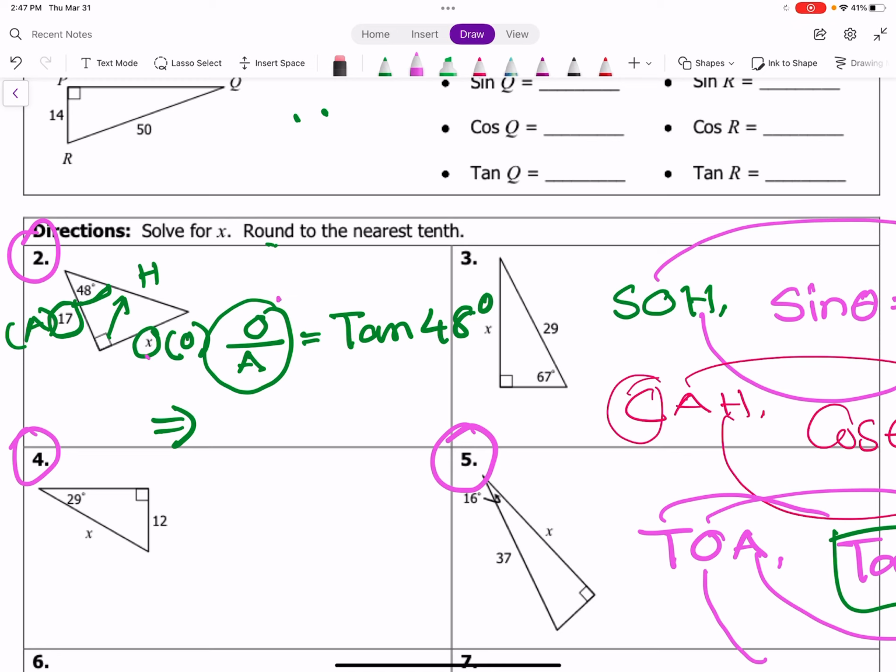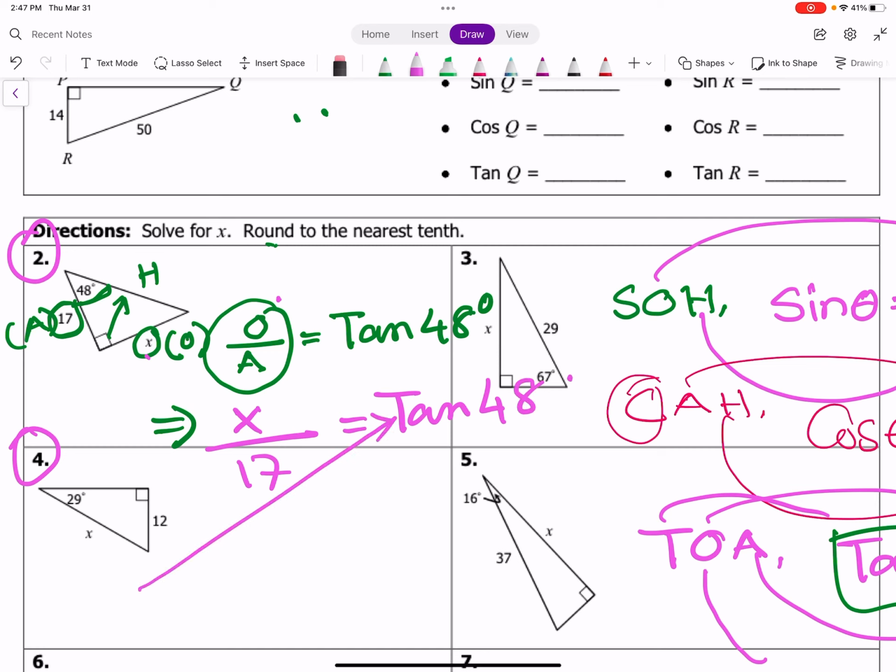Opposite is my x, adjacent is 17, and that's my tan 48. Now cross multiply, because I need x, so x equals 17 times tan 48.